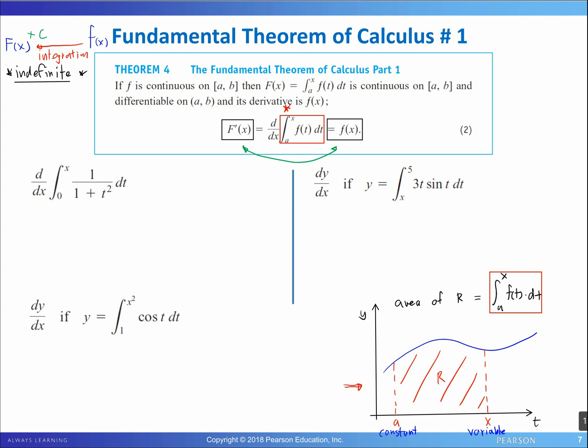The area of R, same thing. So let's make a note up here. This is the area of region R. And now we want to differentiate this box with respect to x. What is the meaning of this? Let's write it down. It means change of the area of R as x slightly increases.